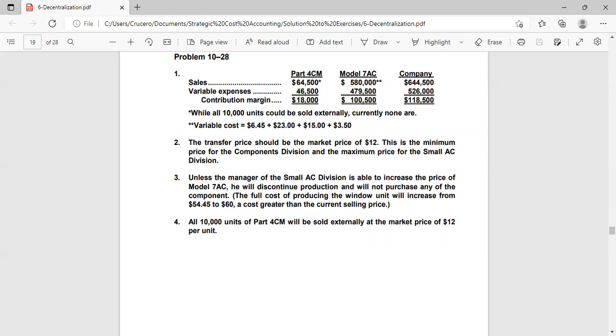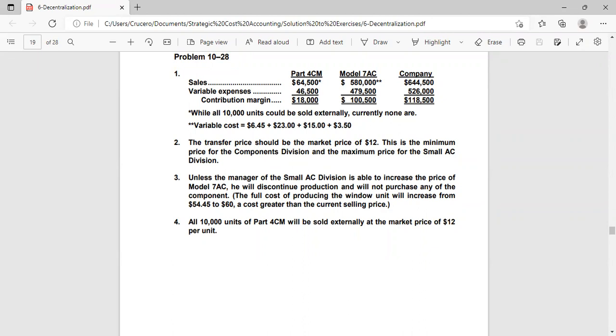We also add 15 and 350 for the variable cost. In other words, initially we add 6.45, that's for the manufacturing cost of the component, and we add the variable cost.